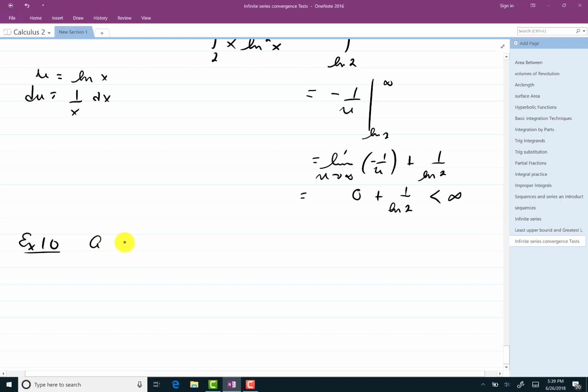A superball is dropped from a height of 10 feet.